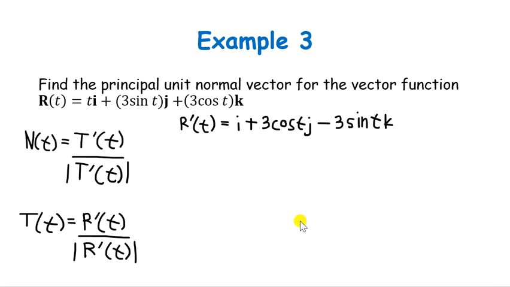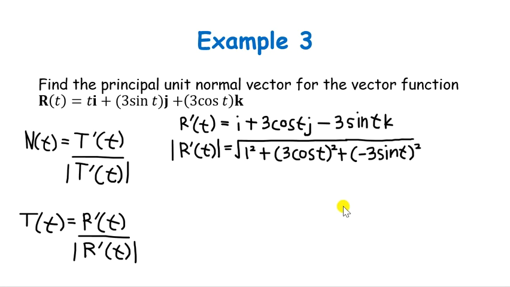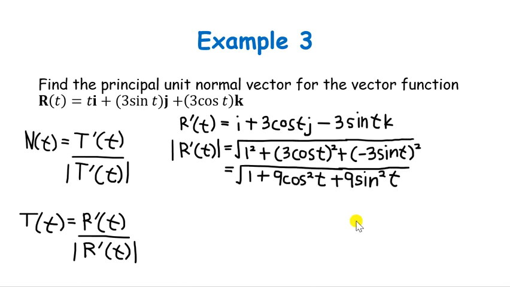Next, we're going to find the magnitude of r prime t, which is given as the square root of 1 squared plus (3 cos t) squared plus (negative 3 sin t) squared. So we need to expand the components in the bracket, and the square root will turn into 1 plus 9 cos squared t plus 9 sin squared t.